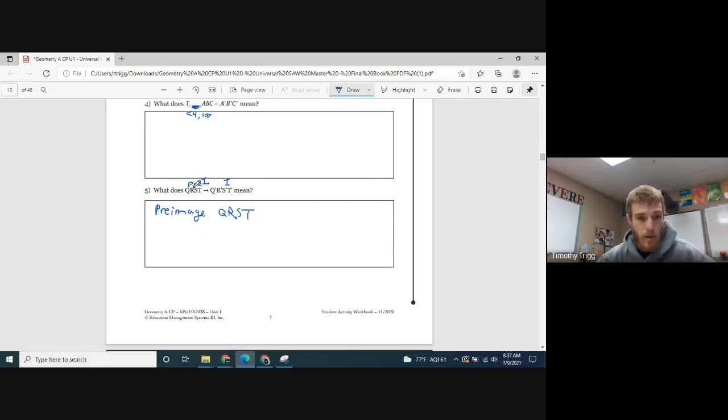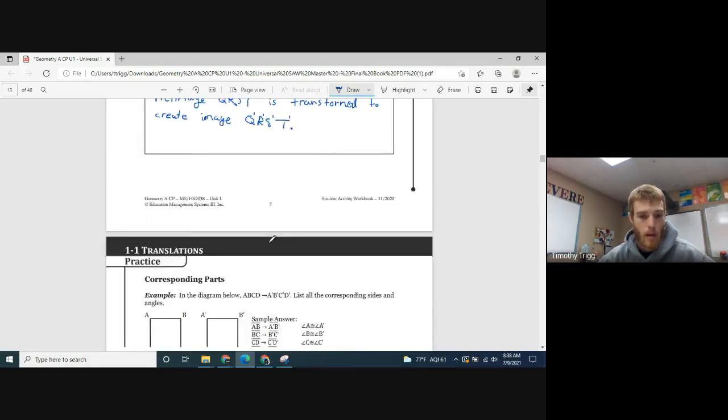But we know that the pre-image is QRST, and we'll just say it's transformed to create image Q prime, R prime, S prime, T prime.